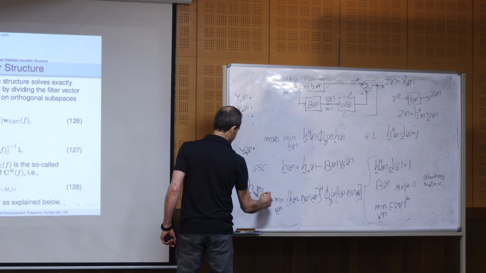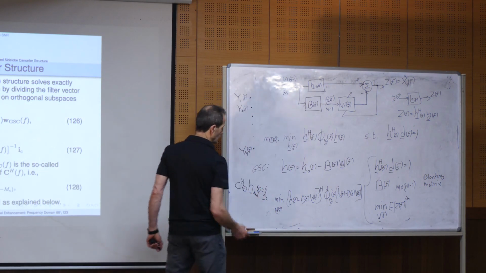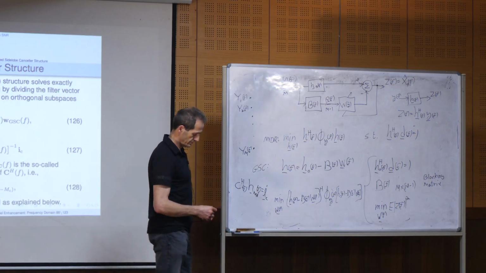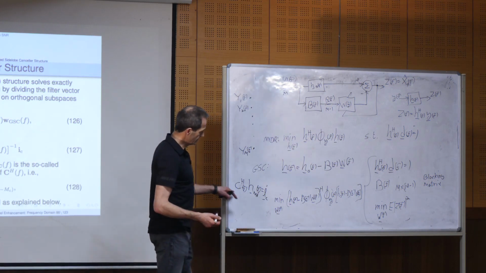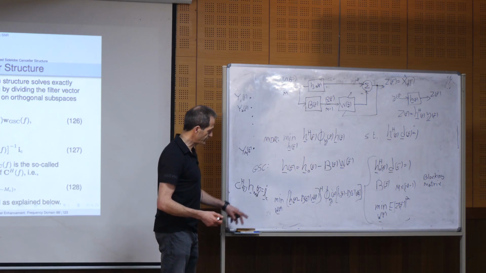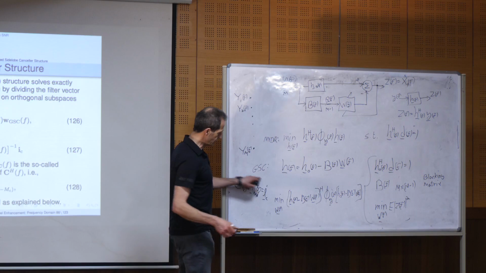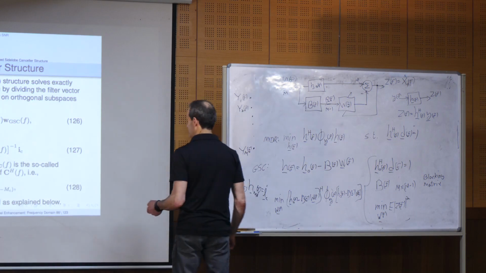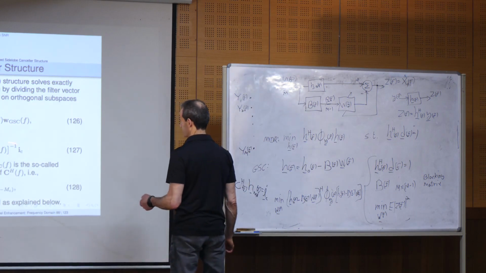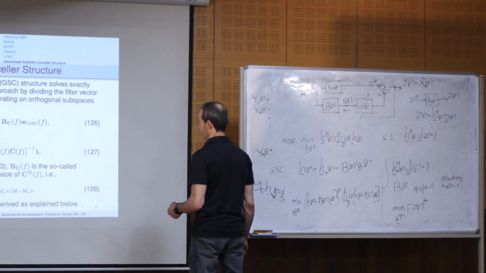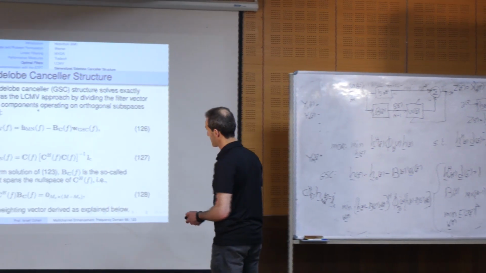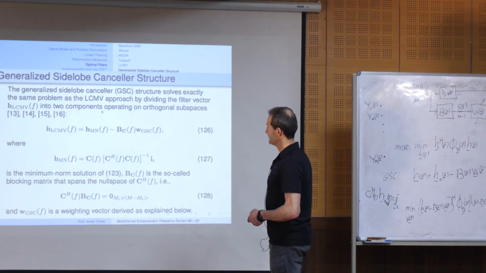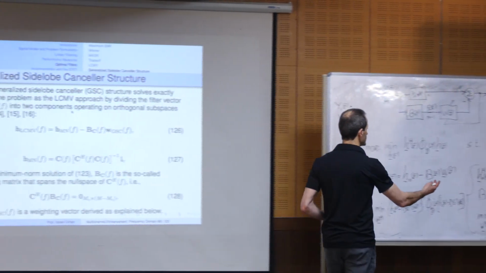We want it to be equal to IC. This is the vector of the values of the constraint. Just like we saw, this is the constraint of the LCMV. So the solution for this is this. This is the minimum solution, minimum norm solution. Okay? And so we have a solution to this one.